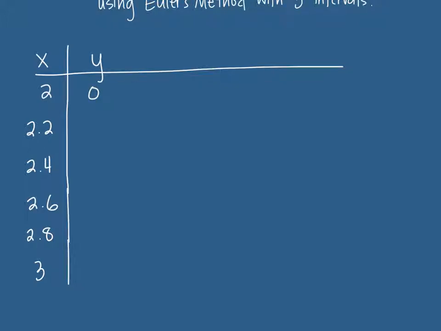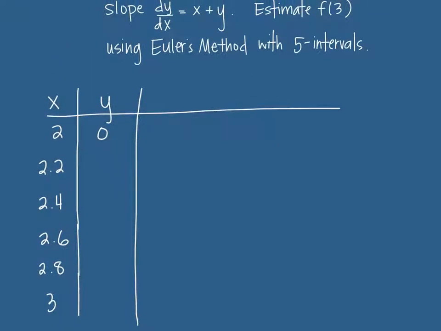We will be finding the y value as we move along, and each time we get to a new position, we'll recompute the slope. So the slope is not going to stay the same the entire time.